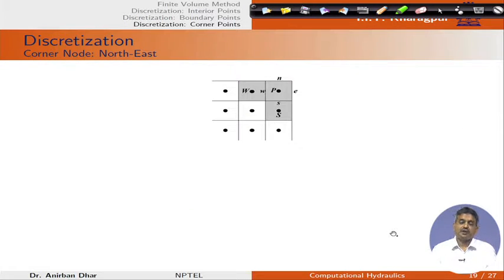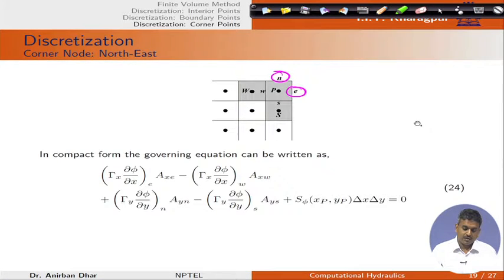Now, we need special treatment for corners. Let us consider the northeast corner. So, north boundary is 0 Neumann, east boundary is specified Dirichlet condition. So, we need to change this derivative, and north boundary we need to force this one as 0.